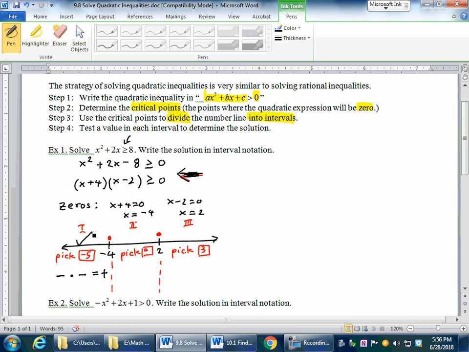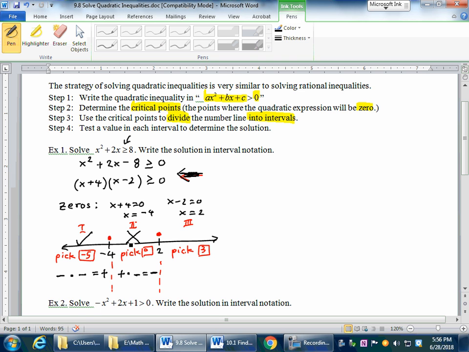Testing the second interval, if I plug in 0, 0 plus 4 is a positive number, and 0 minus 2 in the second factor is a negative number. A positive times a negative is a negative number, and a negative number cannot be greater than 0. So this is not our solution.